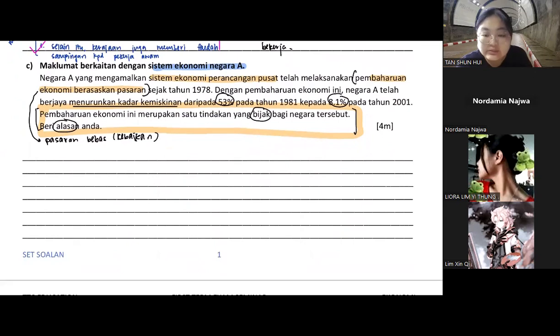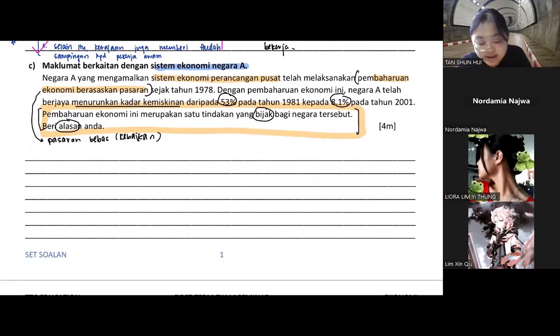So why is it smart? Tell them what is the benefit, right? So kadar kemiskinan reduces. Why? Because bebas means what? Things are more efficient now, right? Cost reduces, technology improves, persaingan, right?